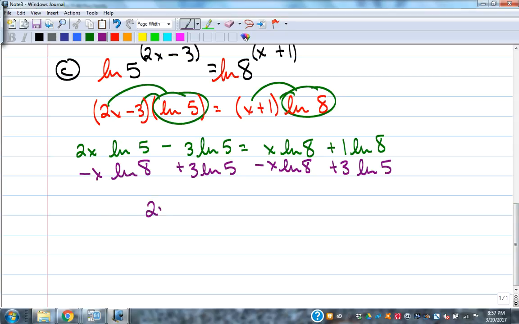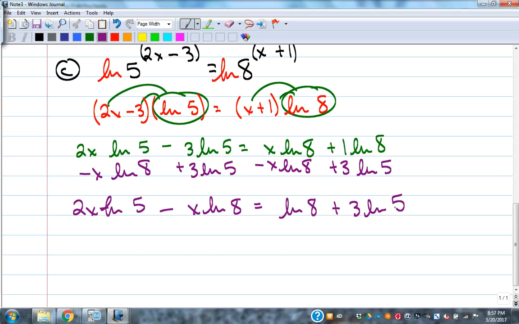So this left side is just going to be 2x ln of 5 minus x ln of 8. And on the right side, we got the ln of 8 plus 3 ln of 5. So here, this is canceling over here. This is canceling over there.